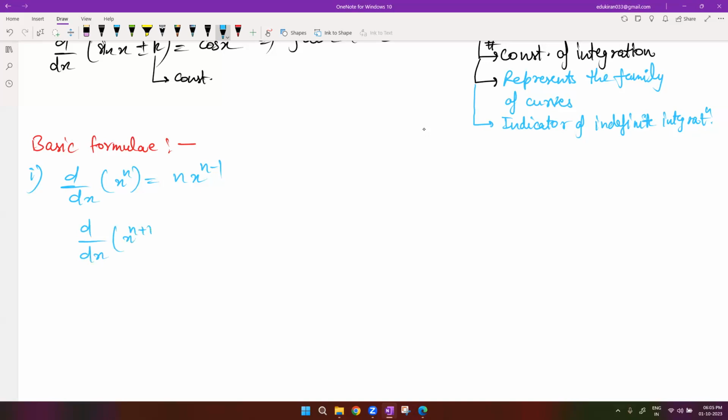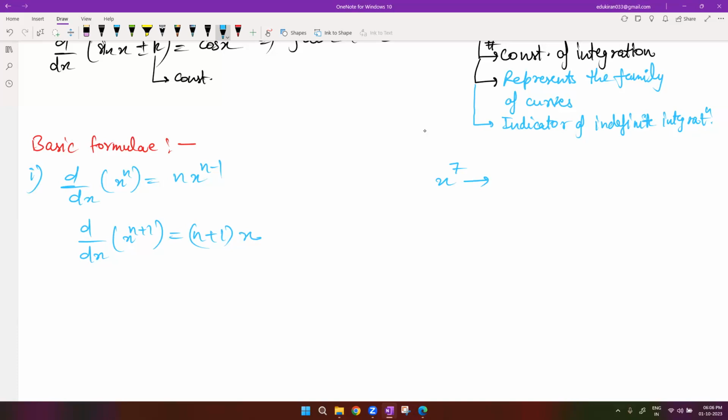Can you also differentiate this? The power is n plus 1. How do you differentiate x to the power n plus 1? It is n plus 1 into x to the power n plus 1 minus 1.